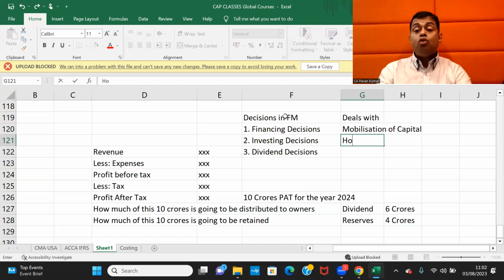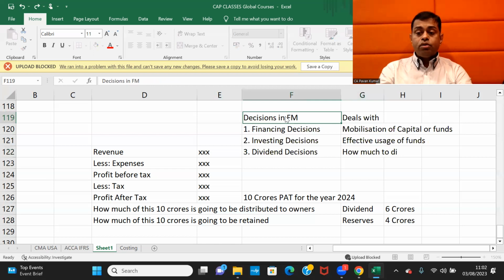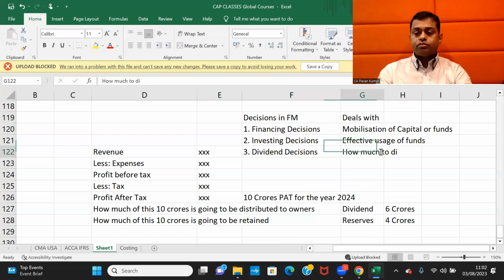This is how do we invest? How do we use capital? Or we can say effective usage of funds. This is mobilization of capital or funds. This is effective usage or investments. Then how much to distribute and how much to retain.